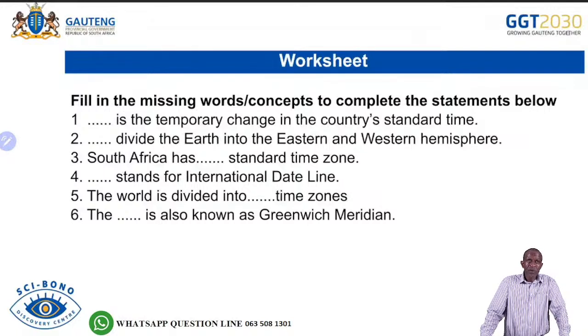Now we have a worksheet that is prepared for you, and if we can just spend 2 minutes on the worksheet. It's 6 questions and you have just to fill in the missing words, and these missing words come from the concepts that we have addressed previously. I'm going to allocate you 2 minutes to complete this activity. We'll discuss it thereafter.